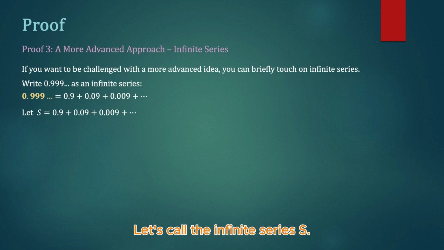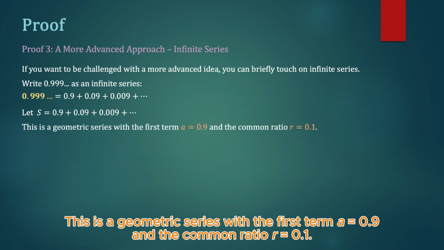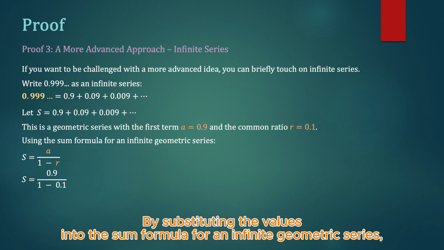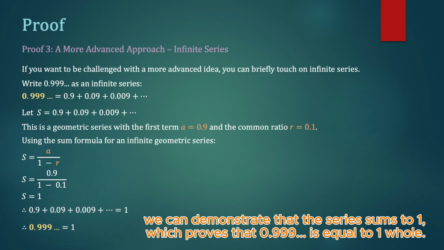Let's call the infinite series S. This is a geometric series with the first term a equals 0.9 and the common ratio r equals 0.1. By substituting the values into the sum formula for an infinite geometric series, we can demonstrate that the series sums to 1, which proves that 0.9 repeating is equal to 1 whole.